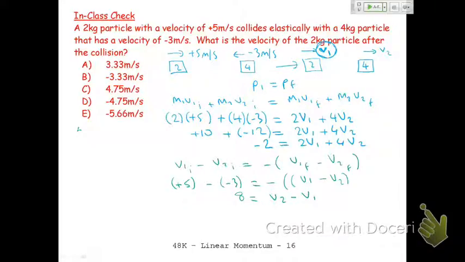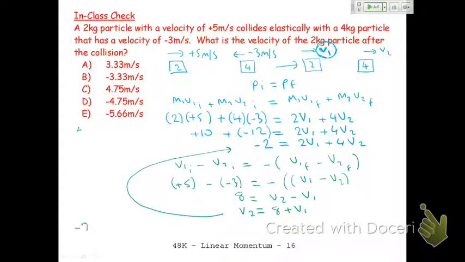So I have two equations. What I need to do is rearrange. I'm trying to find V1. So in this one, isolate V2. Always isolate the thing you don't want in your first equation. So V2 equals 8 plus V1, and then substitute back in there.